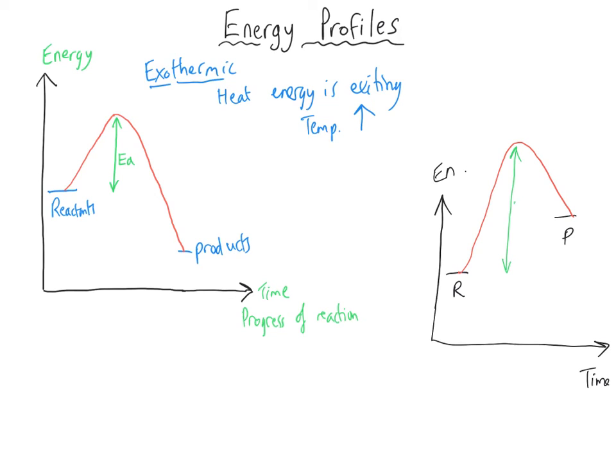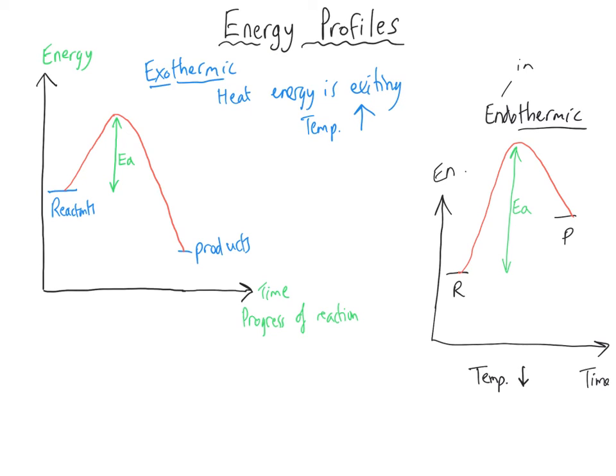This type of reaction is called an endothermic reaction, and that's because, again, it's about thermal energy, and this time the heat energy is not going out, it is going in. So the heat energy is going in to the chemicals, and that means the surroundings get colder. For an endothermic reaction the temperature is going to drop because energy has come in from the surroundings.